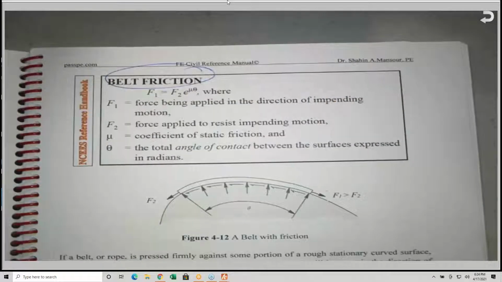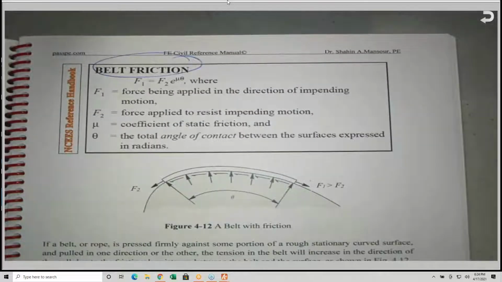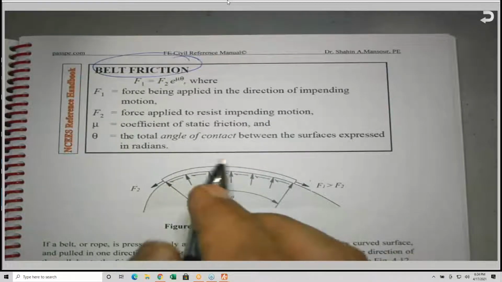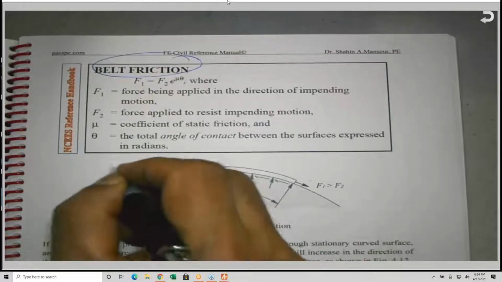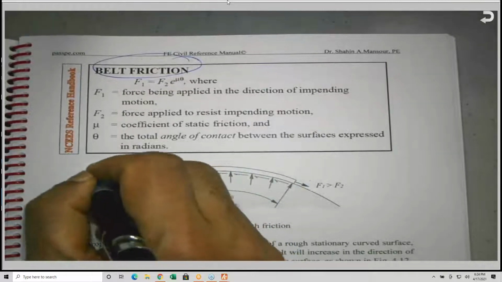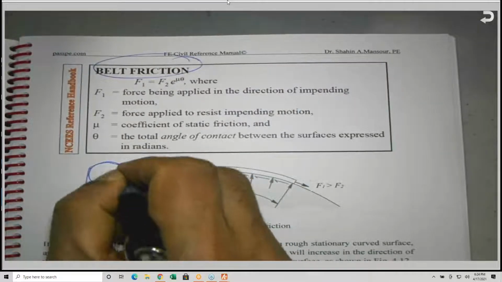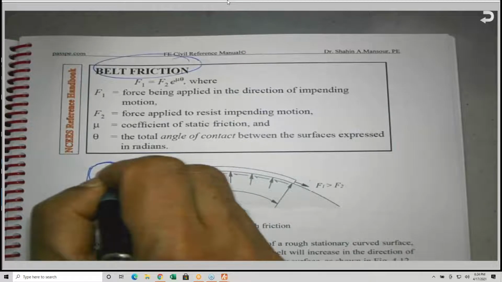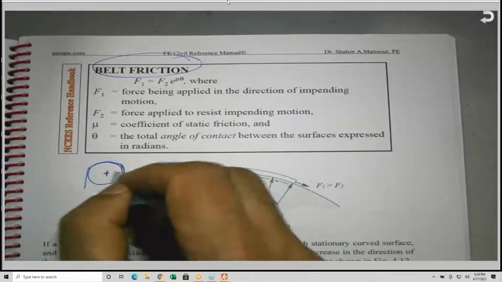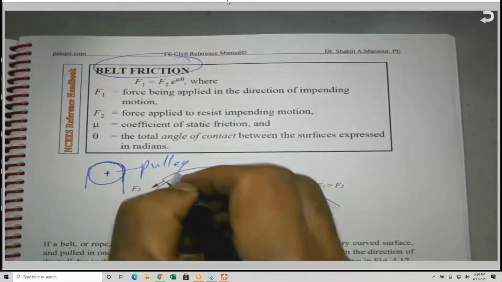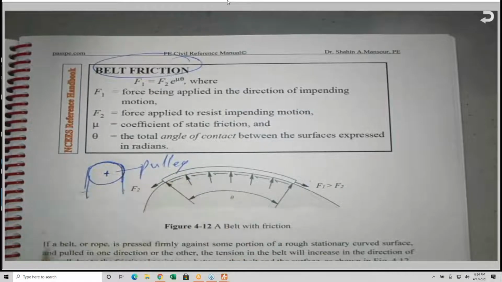Belt friction is another section listed in the NCEES, where you have a pulley and a belt around it. If the belt is frictionless with the pulley, that means the tension along the two sides is equal.